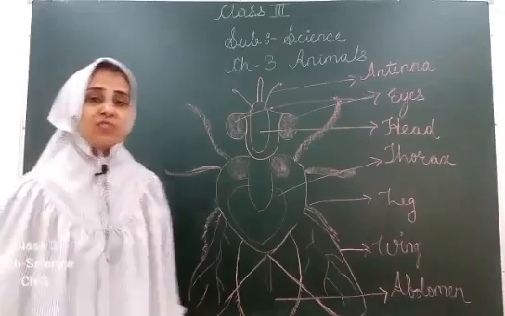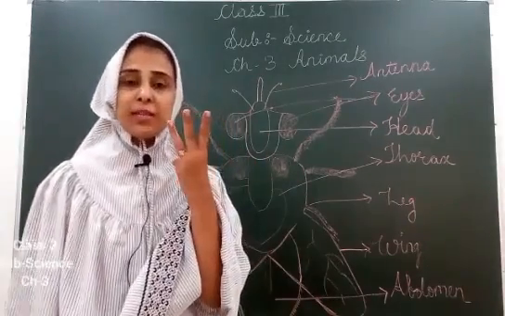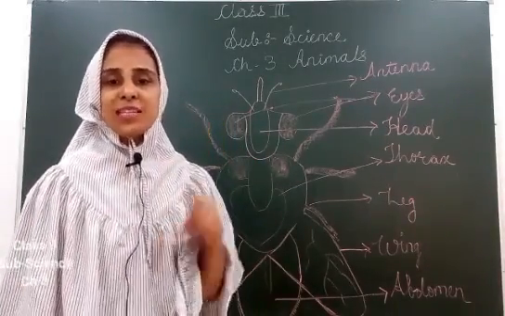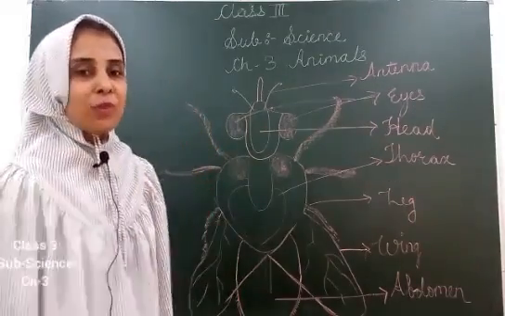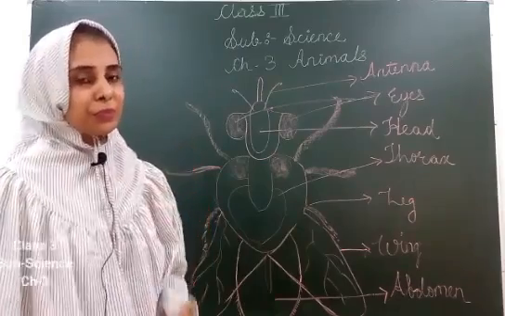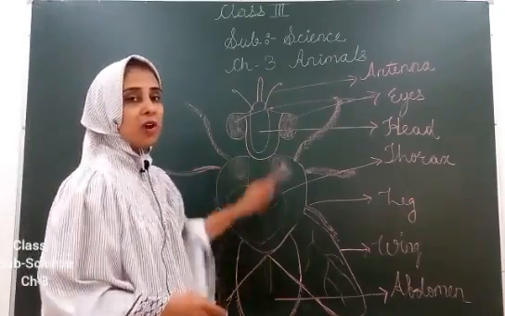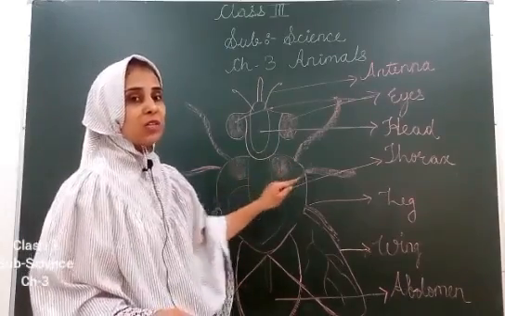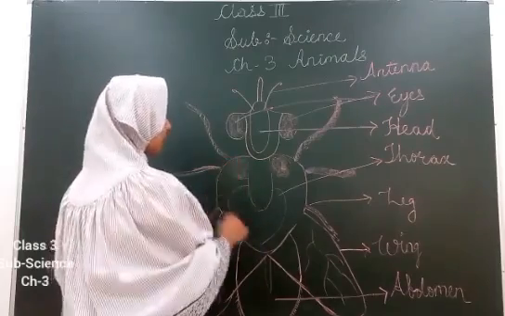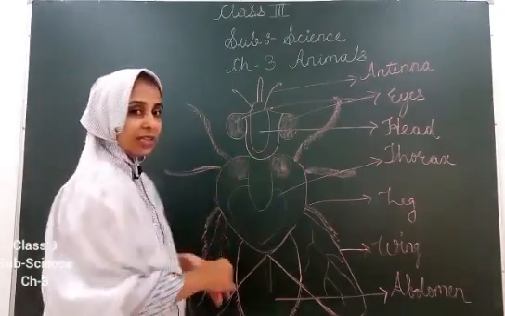How many pairs of legs they have? 3 pairs. And human beings have how many legs? We have 1 pair of legs. Only 2 legs. They have 3 pairs. And this middle part is called thorax. What is it called? Thorax.